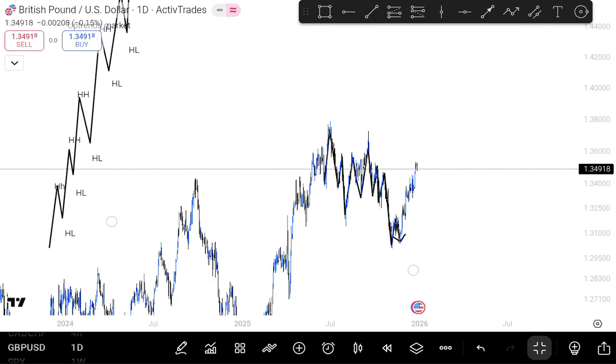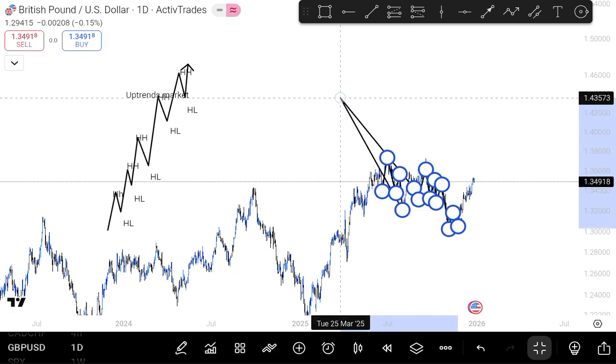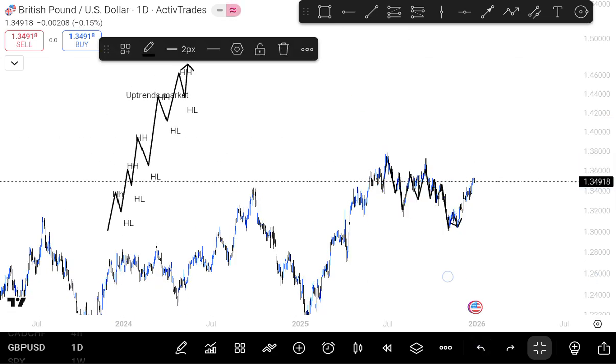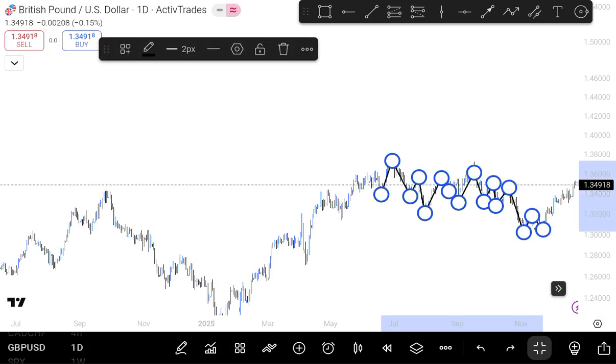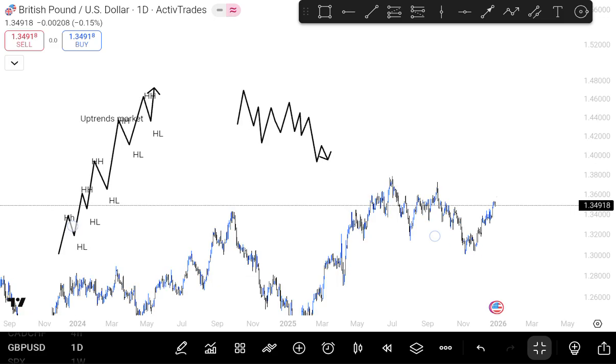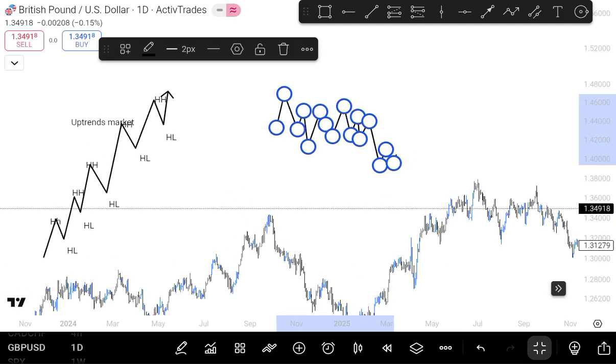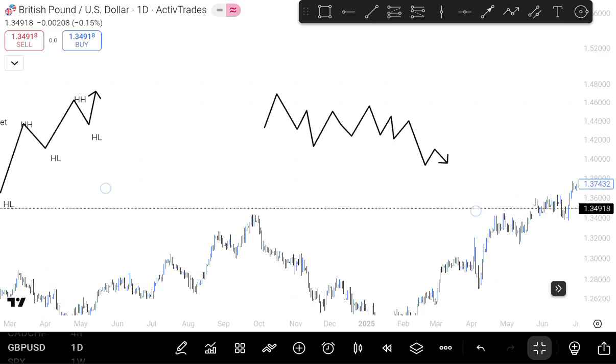Let's bring it out and find out the movement of this market.